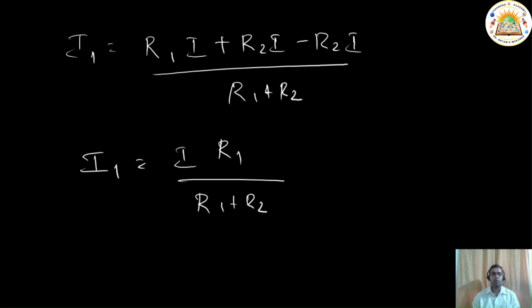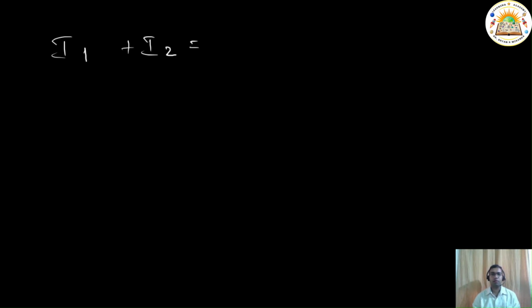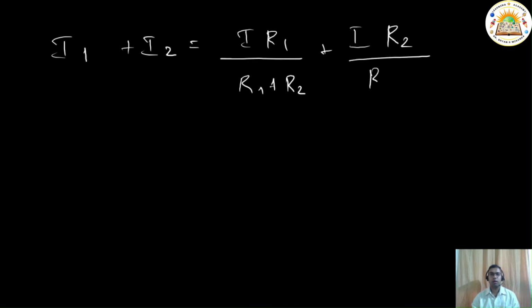I found out my second current. I2 is nothing but I times R2 by R1 plus R2. So these are the values of branch current. If we add them up, let us see whether we get I. So I1 plus I2 is equal to I R1 by R1 plus R2 plus I R2 by R1 plus R2, which is equal to I.